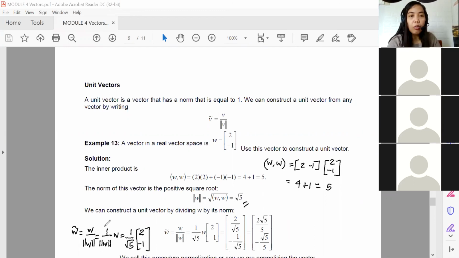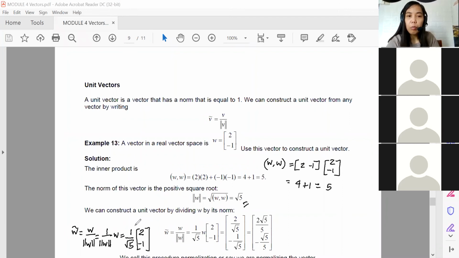Kasi 1 times W, W over this. So when we follow this, 1 over your norm, square root of 5, and W. Is that clear?